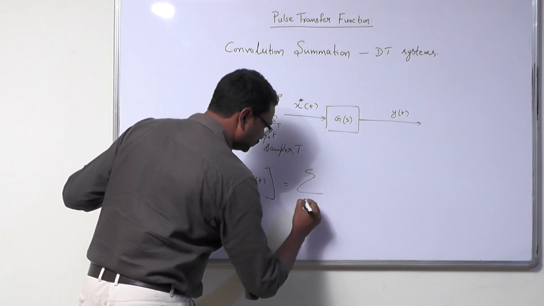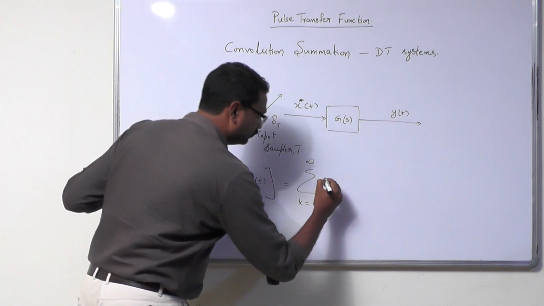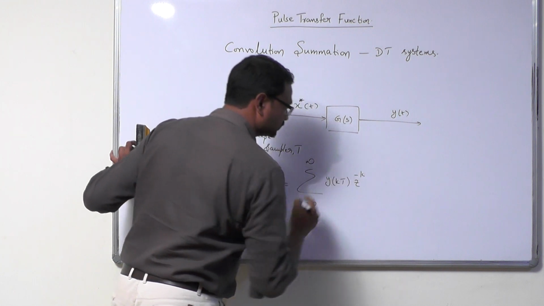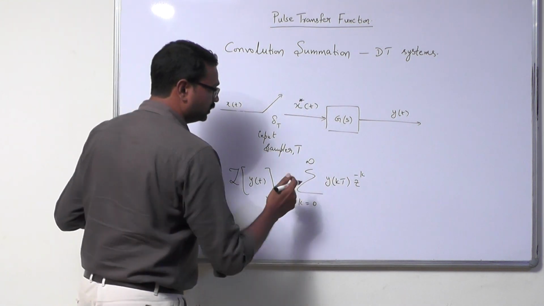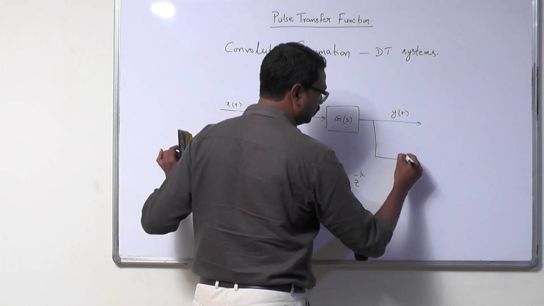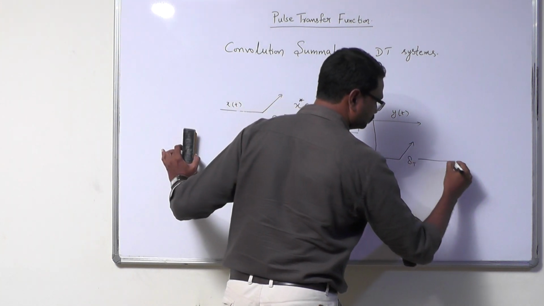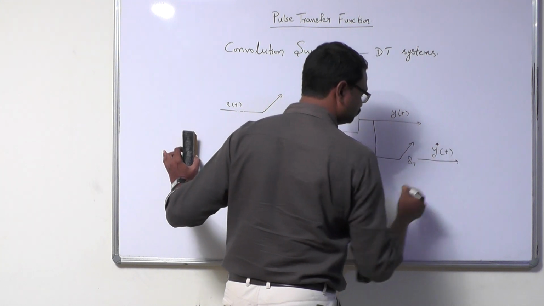Therefore you can say that sigma k from 0 to infinity y of kT z power minus k, where now if I also introduce an output sampler here with the same delta T, then I get here y star of t.